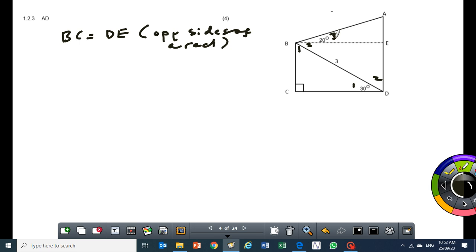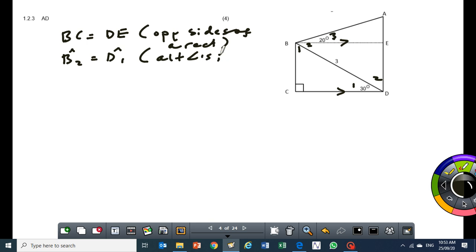Remember, this is a rectangle, so the opposite sides are parallel. So angle B2 is equal to D1, and the reason is alternate angles.